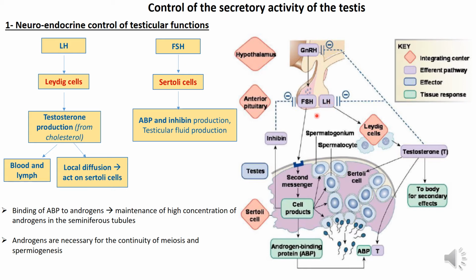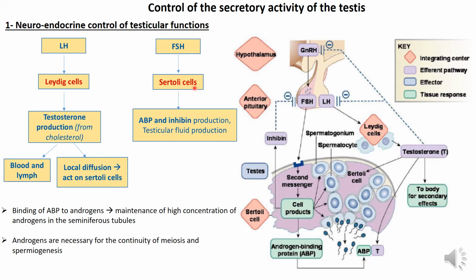Now, from the other side, the Sertoli cells have receptors for FSH, only for FSH and not for the LH. We have seen that the Leydig cells have receptors for the LH and not for the FSH. So the Leydig cells will respond only to the LH and not to the FSH.